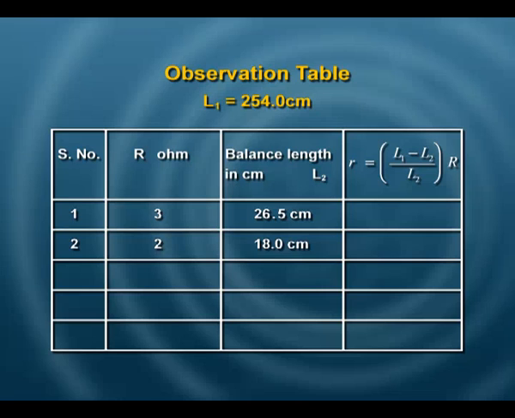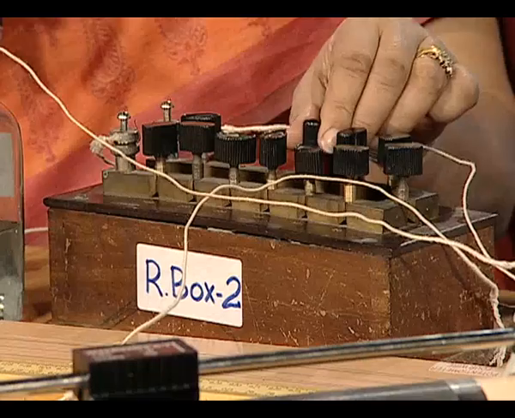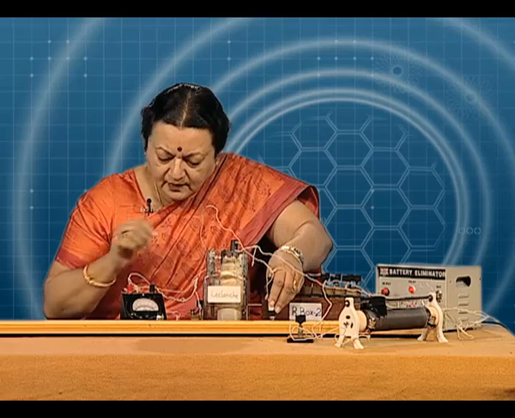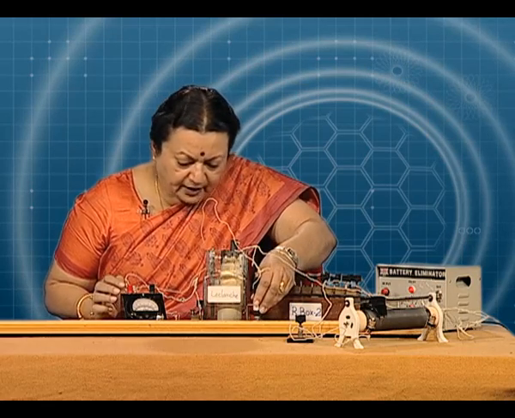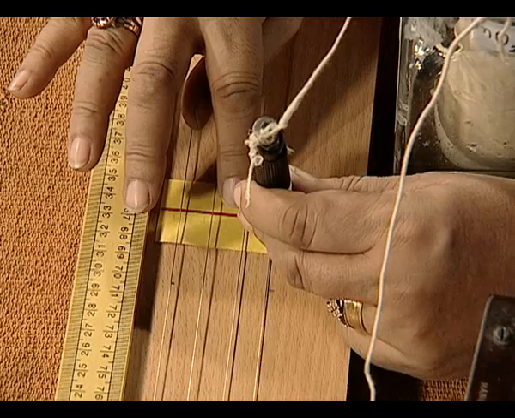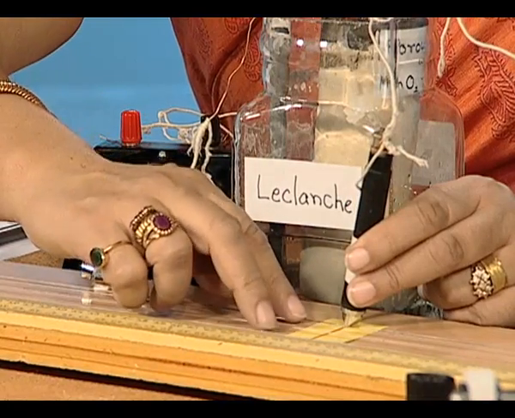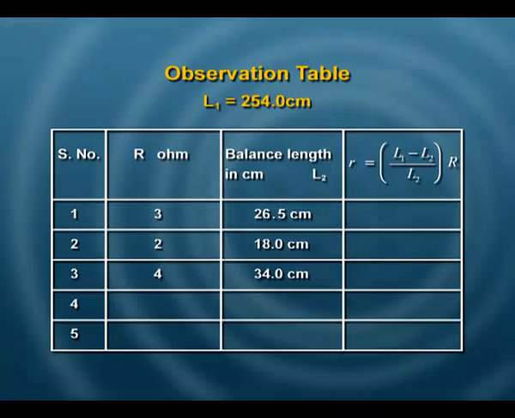Take for 4 ohms. Look for the null point. On the first wire, 34 centimeters. You can take more readings like this, at least 5 you should have.